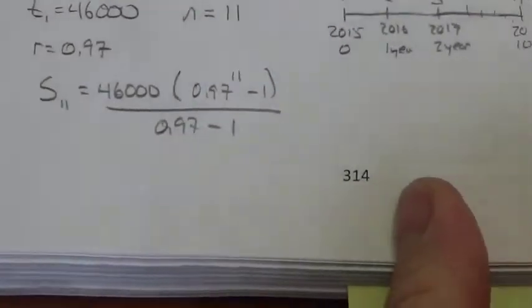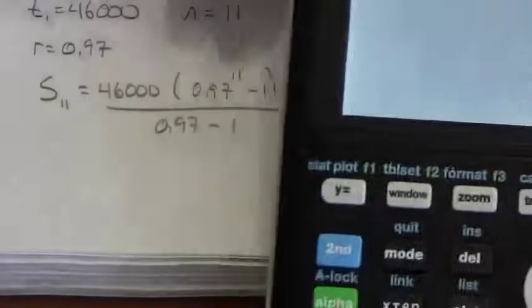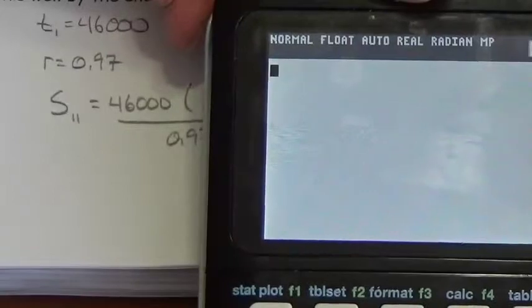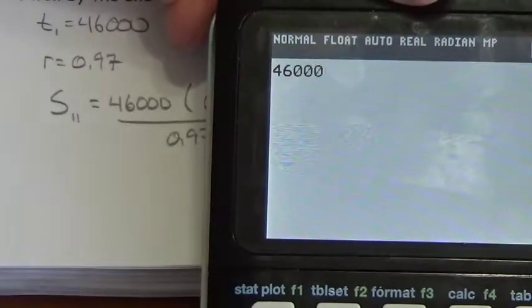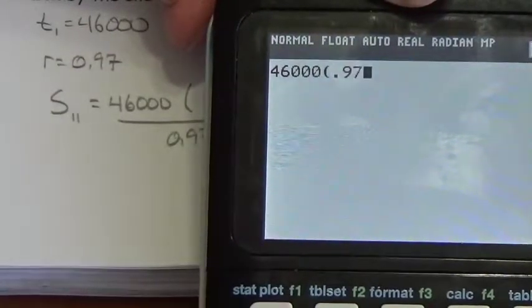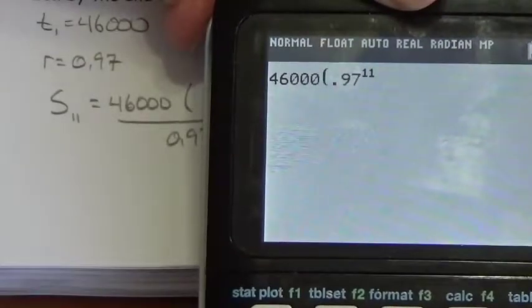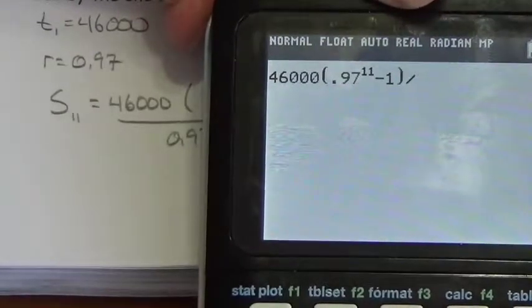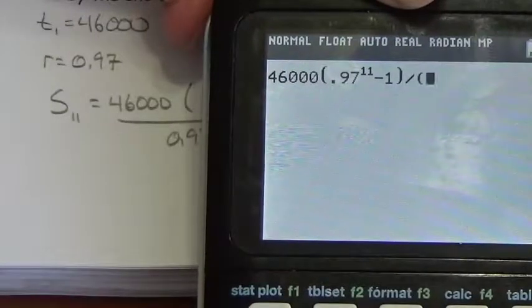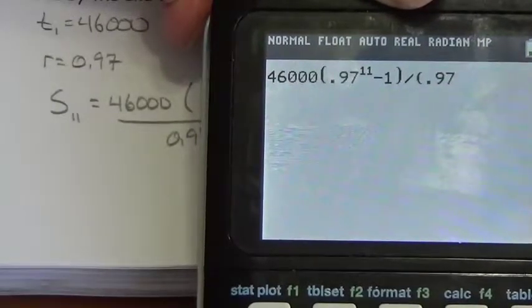Now that is just calculator work. So we've got 46,000 multiplied by 0.97 to the exponent 11 minus 1, divided by, and I have to put this in parentheses or else the calculator is going to think I'm entering something else, 0.97 minus 1.